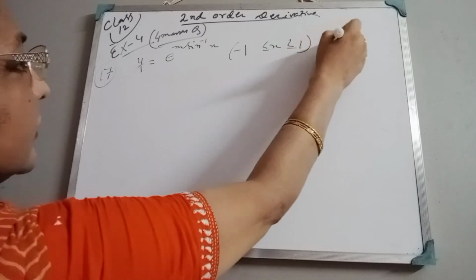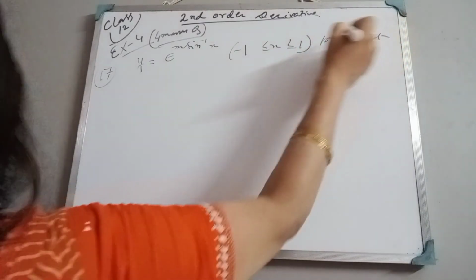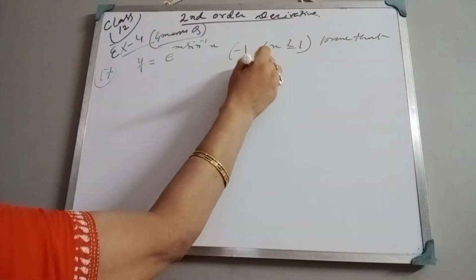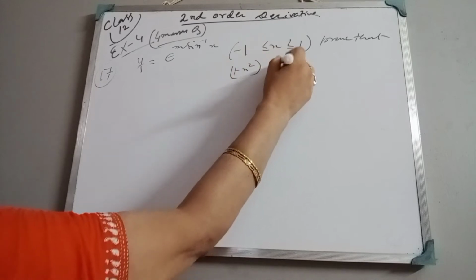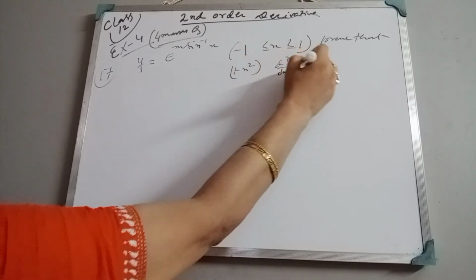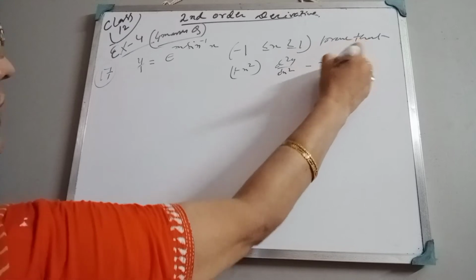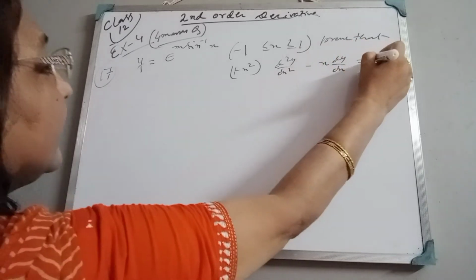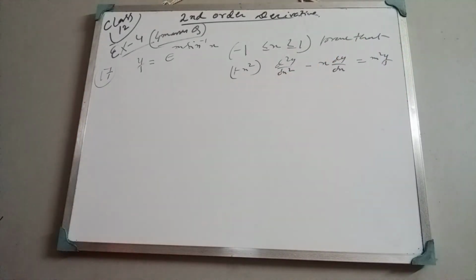Then prove that 1 minus x square d2y dx2 minus x dy dx is equal to m square y. Okay, this sum is very, very important. Many times it came in the exam.